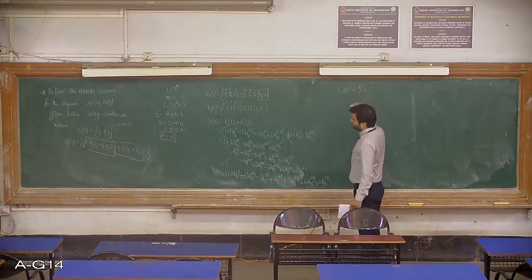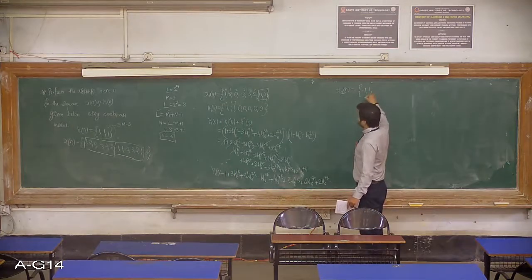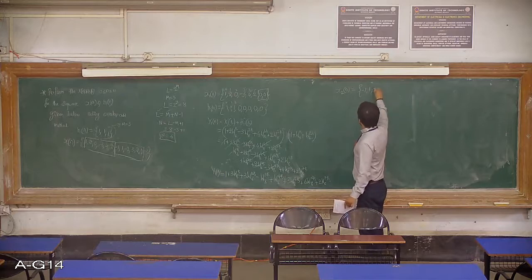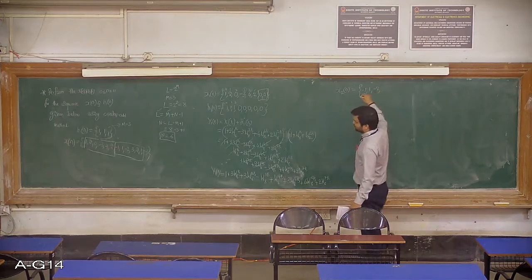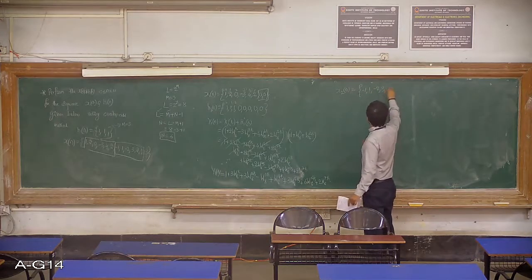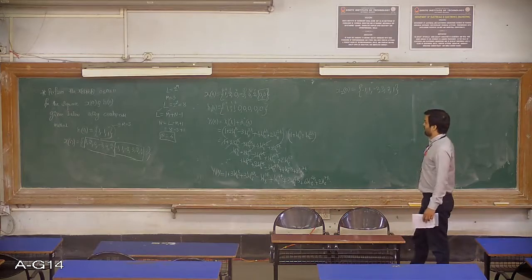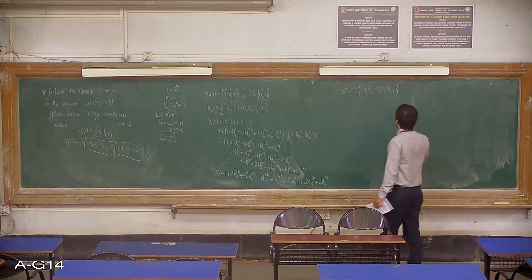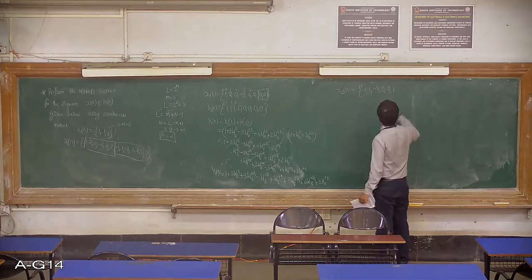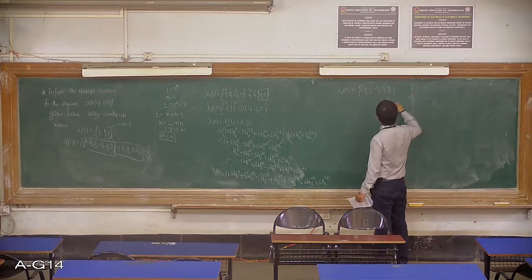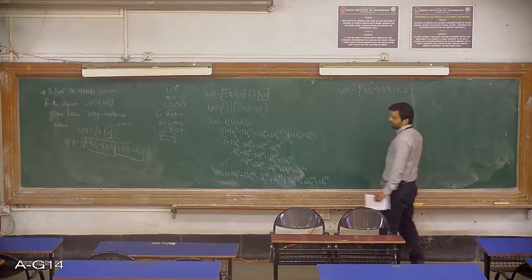Minus 1, 1, minus 2, 3, 2, 1. And these are the 6 values, and the length is 8. So the last 2 values we have to consider as 0, 0.